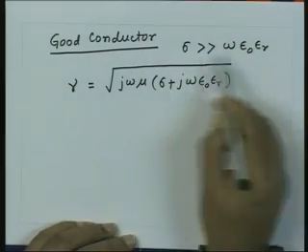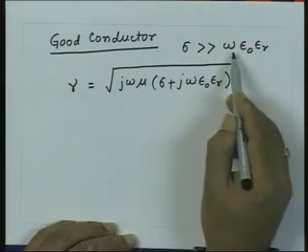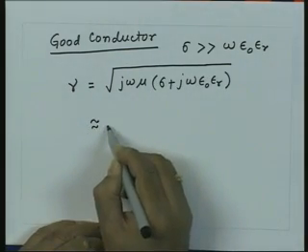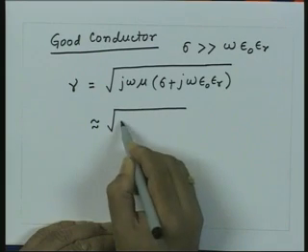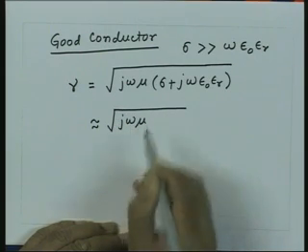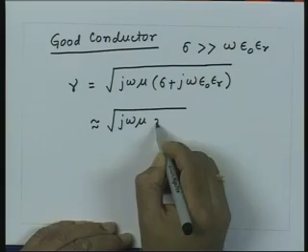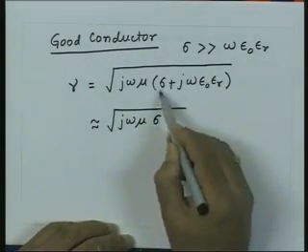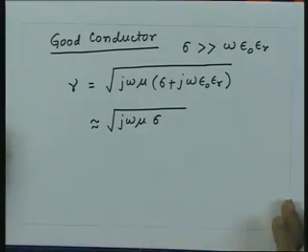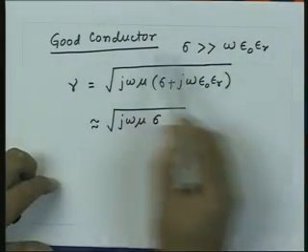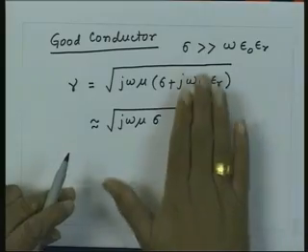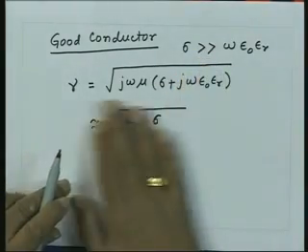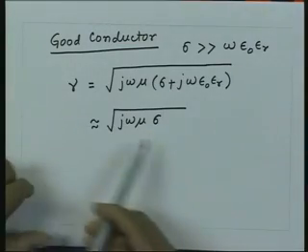If I now substitute this condition that sigma is much greater than omega epsilon 0 epsilon r, this approximately can be written as j omega mu sigma, because this quantity is now negligible compared to this quantity. So if I have a good conductor, essentially the displacement current contribution is neglected, and because of that the propagation constant is essentially given by that.